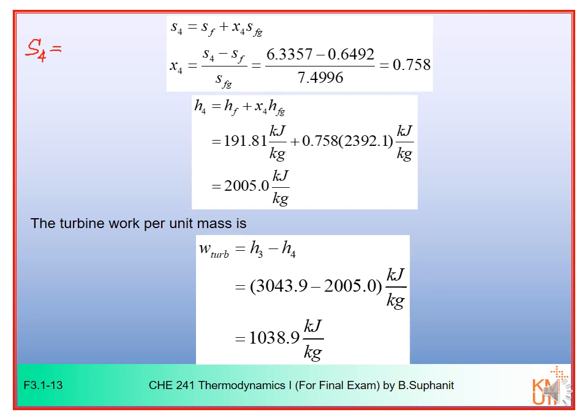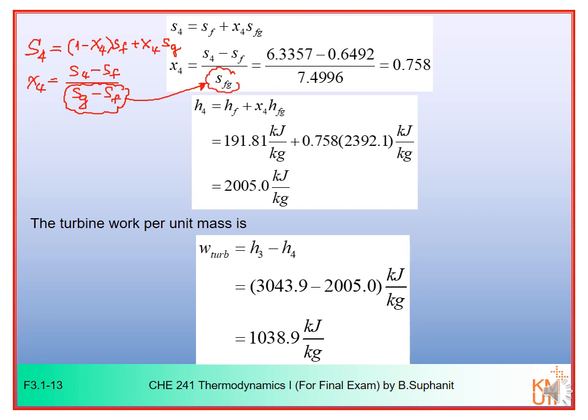So S4 equal to 1 minus X4 multiplied by SF plus X4 multiplied by SG. If you rearrange this equation, X4 will be equal to S4 minus SF divided by SG minus SF. SG minus SF would be SFG, which you can get directly from the steam table.